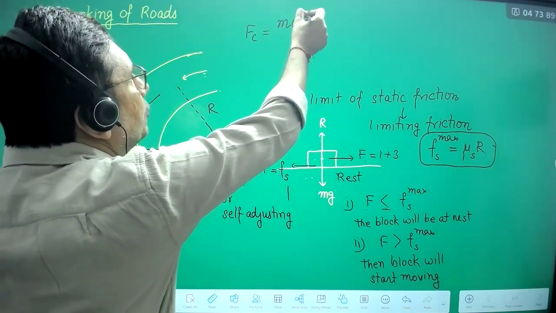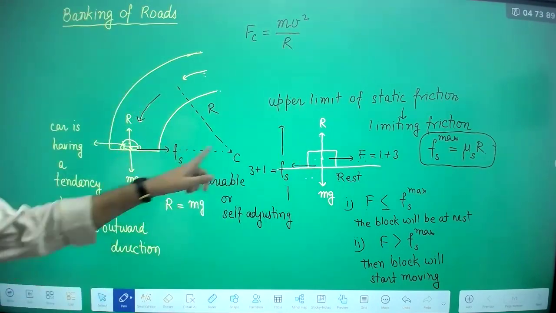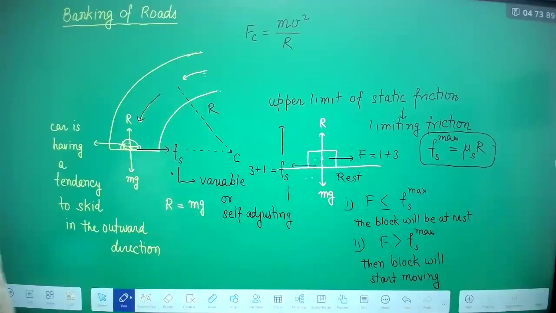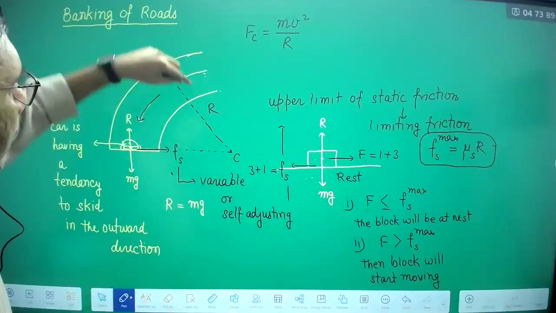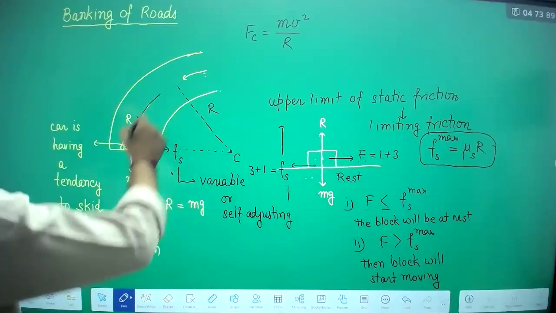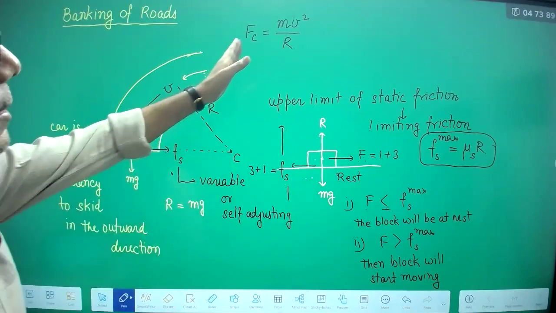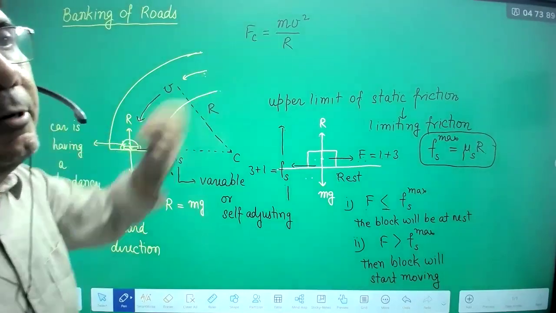That will be mv square upon r, where r is the radius of curvature of this track. So now this car is moving with a velocity v. So this is the required value of centripetal force.